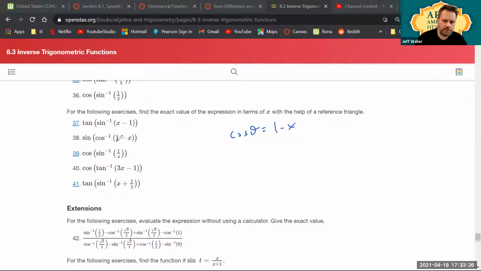Yes, because it's a ratio. You can make it over 1, so everything's a ratio. Then one side of the leg is 1 minus x. Then you just use the Pythagorean theorem to get the other side of the leg. And then you can figure out sine. Yeah, exactly. It's not any different than what we did already. Yep, just making sure. Thank you.